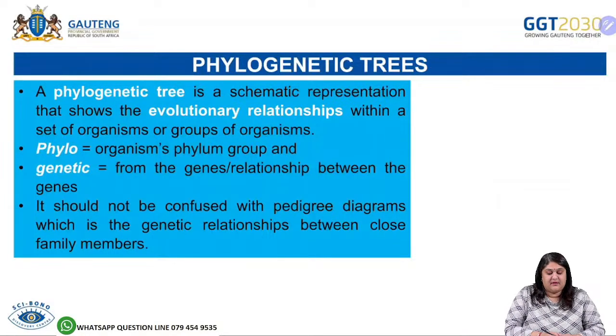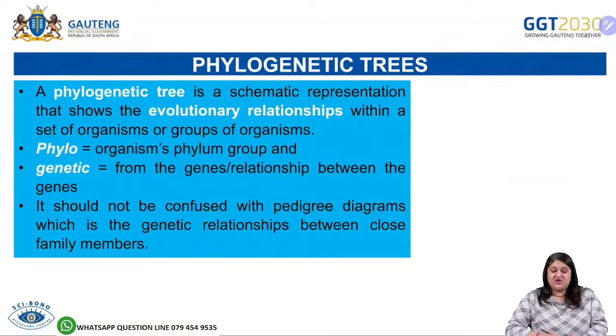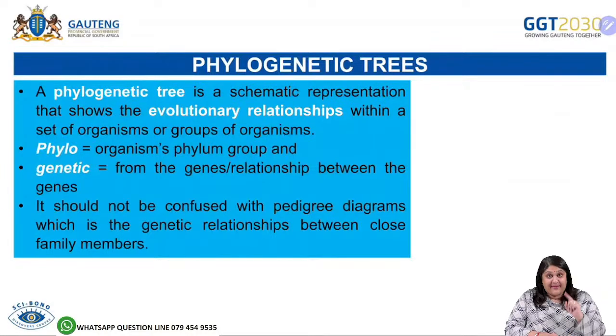Right. What is a phylogenetic tree? Firstly, not to be confused with pedigree diagrams, okay? A phylogenetic tree is a schematic representation that shows the evolutionary relationships within a set of organisms or a group of organisms. Whereas a pedigree diagram is a family tree, and it shows you inheritance of characteristics in a particular family.